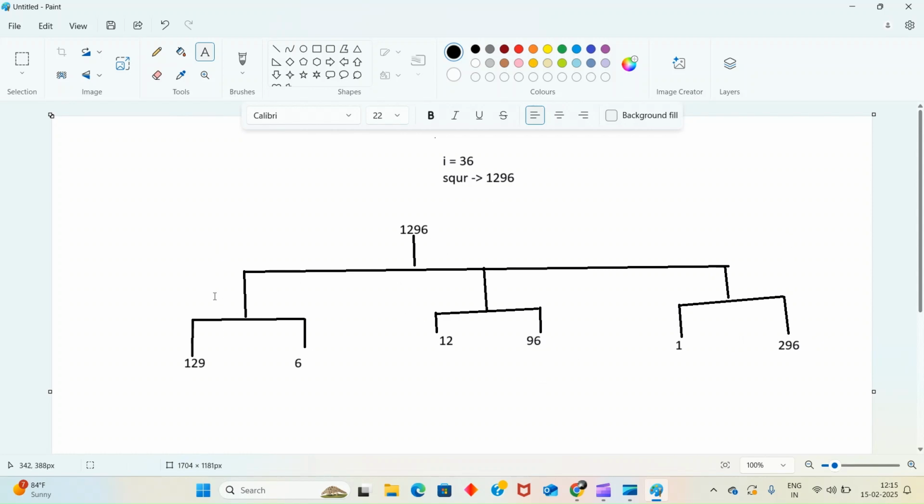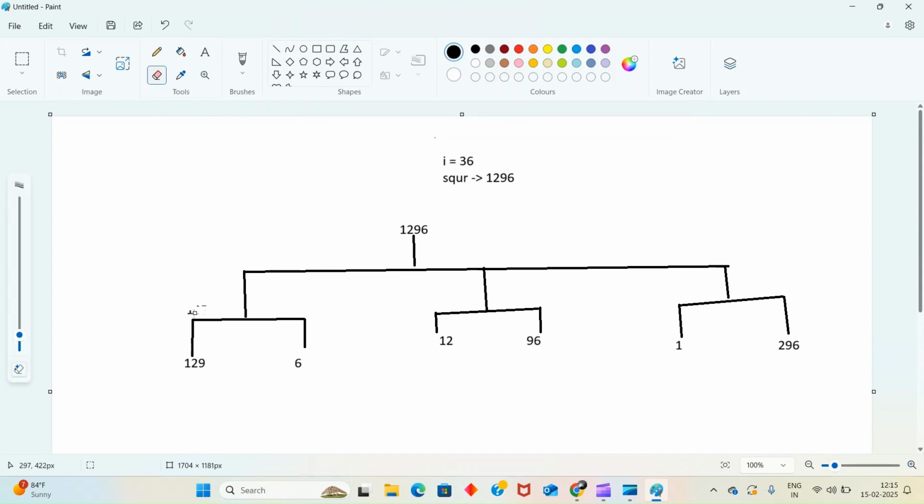So what is the sum of these two? 129 plus 6 is 135.